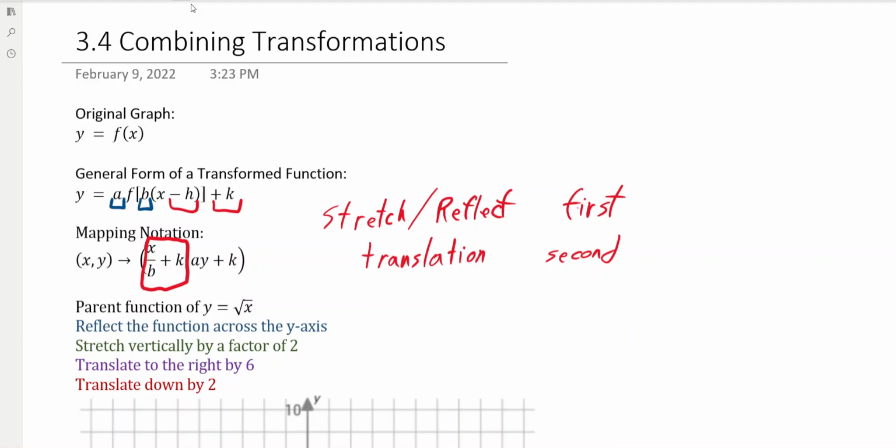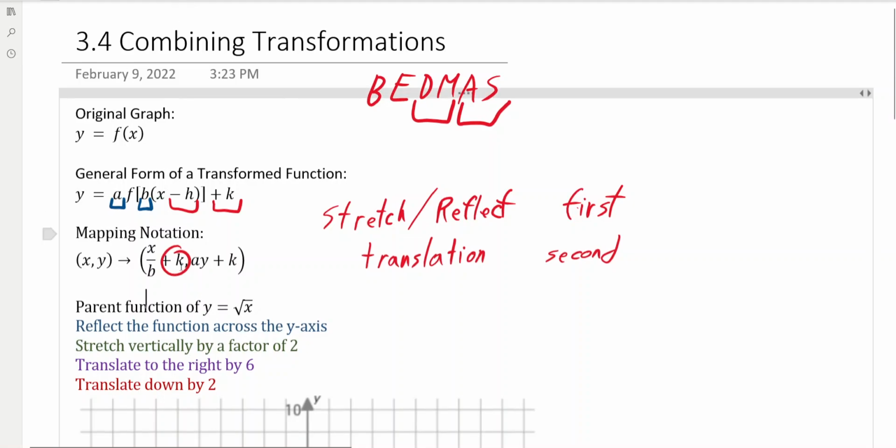So the stretch happens first, hence BEDMAS, or order of operations. We know that division and multiplication come before addition and subtraction. So when we do the B and the A next to each other, unless we specifically have our brackets done differently, this is how we do it, and those happen before the H and the K values.